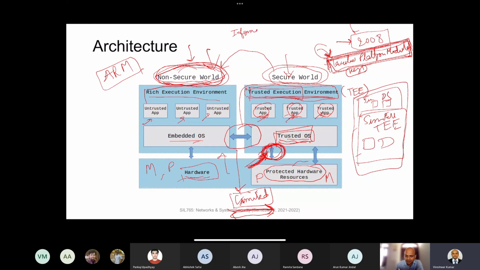I hope the difference is clear between securing information using this idea of trusted execution and recovery of your system. Both these things are possible.